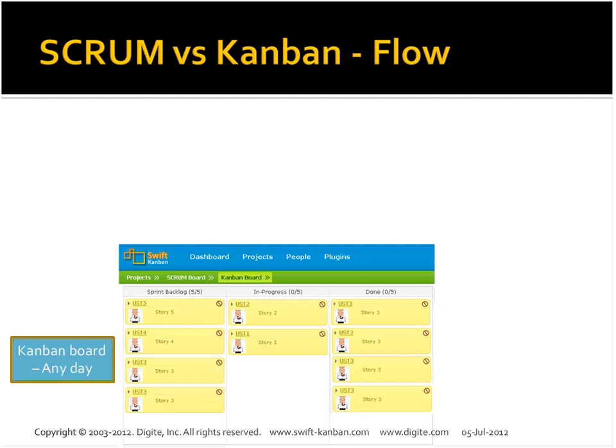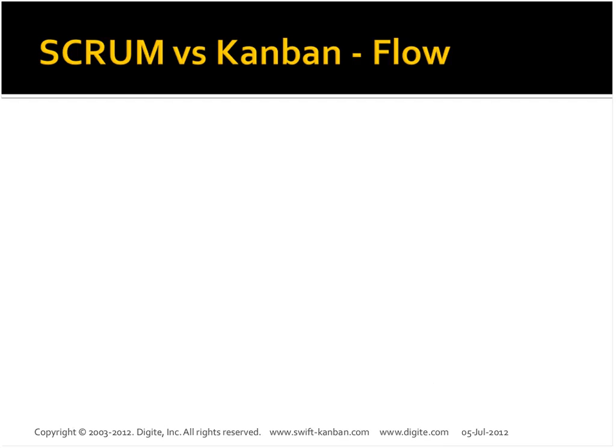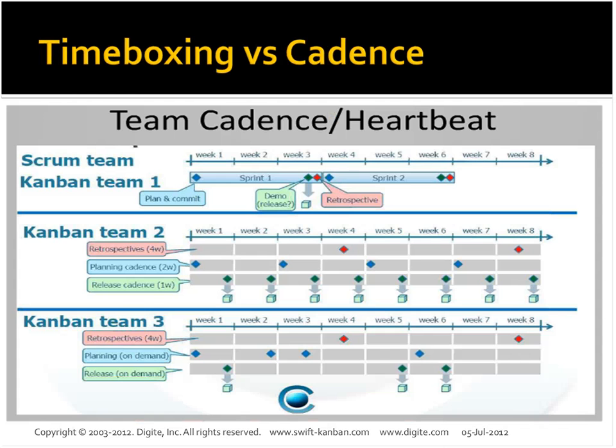So it becomes a live board all the time, rather than something which starts up, at the end gets cleaned up completely, and then you start all over again. This is another difference. Unlike time boxing, which is in a sprint or a Scrum, where you typically say every 15 days you'll do a sprint, or every 20 days you'll do a sprint.